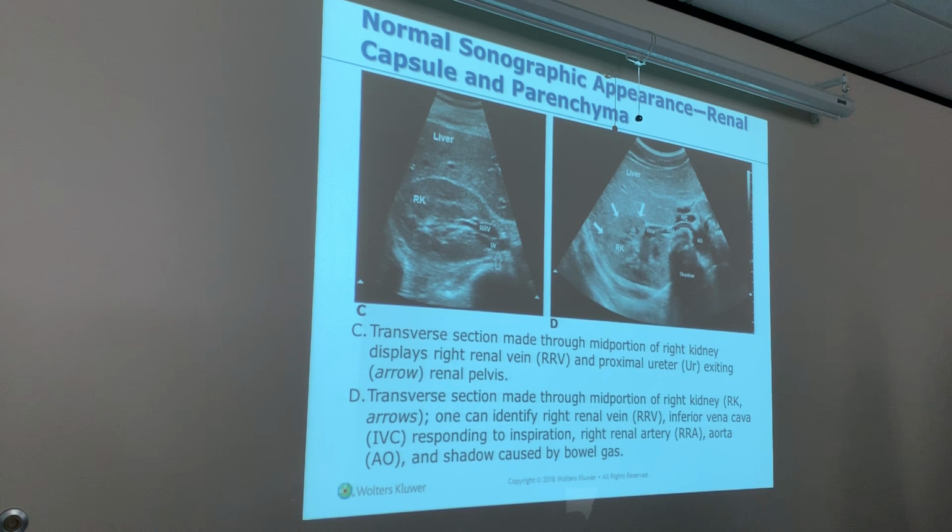Okay? So here I have my aorta, my right renal artery going into the renal pelvis. I don't see my IVC because here's my IVC. And so you can see the right renal vein going into the IVC, because the right renal artery is posterior to the IVC.